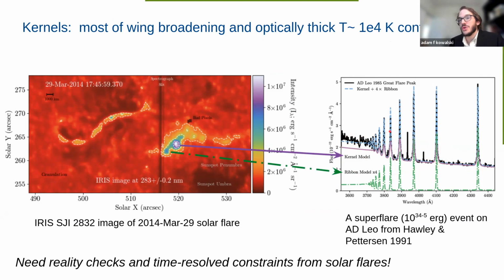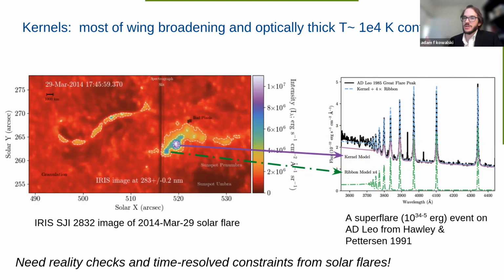And this too could be due to the different amounts of heating in the upper chromosphere compared to the lower chromosphere. Also, because we have a heterogeneous flare source, maybe the ribbons are just much more dominant in the flares with larger Balmer jumps, and there are just fewer really bright kernels. Whereas in this flare, there's a larger area of bright kernels compared to diffuse ribbons.